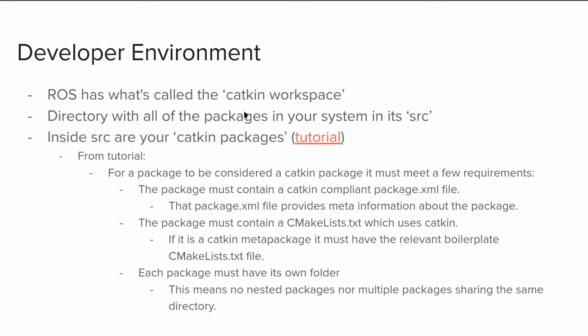They have a different set of libraries and applications associated with them. Inside your source directory are what's called your Catkin packages, like I just explained. In order for a package to be considered a Catkin package, you have to have several things.